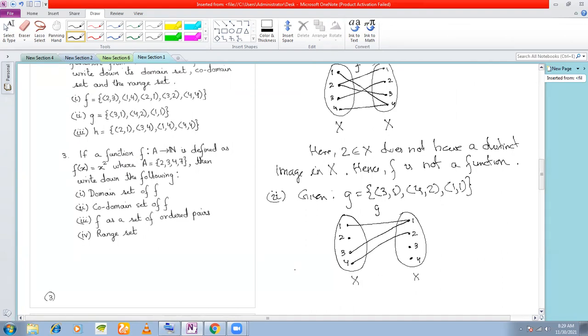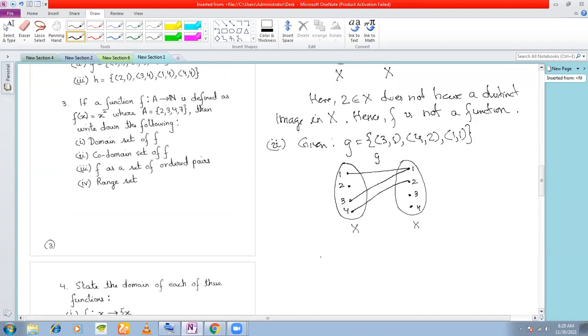So is this a function? No, because, Yes, sir, 2 does not have an image in X. So here 2 belonging to X in the domain set does not have any image.